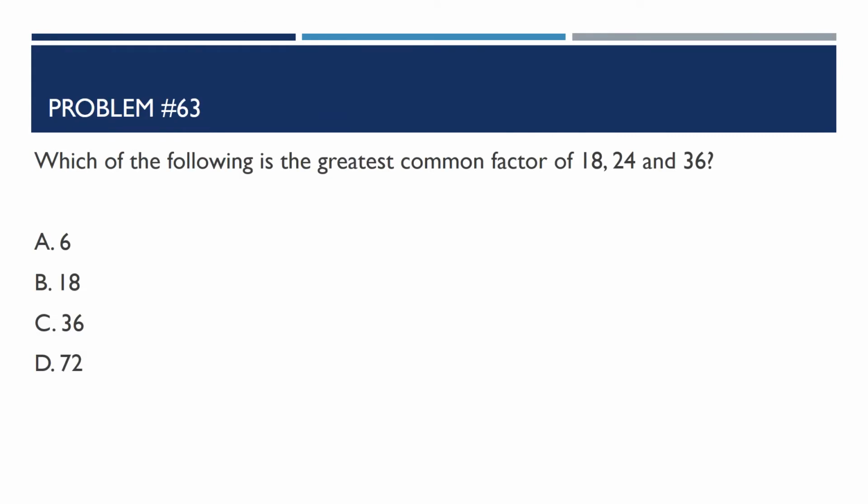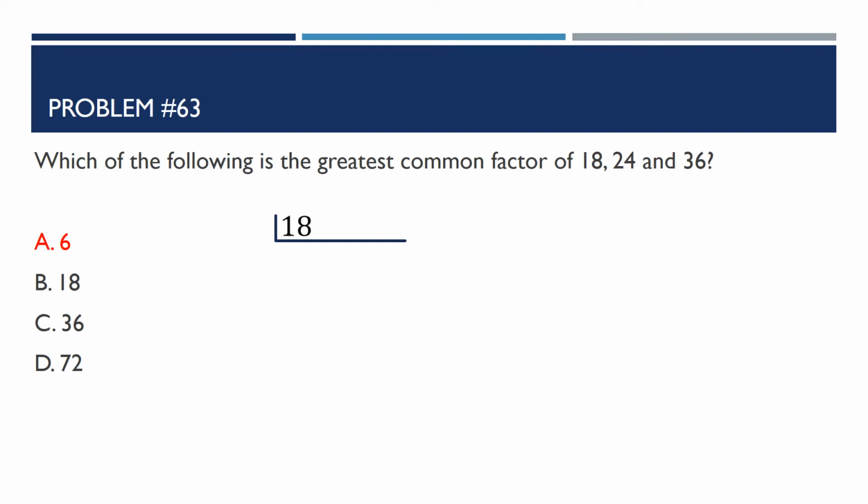Number 63. Which of the following is the greatest common factor of 18, 24, and 36? So let's find out the answer. The answer for this is 6. Let me show you how to do it. We're going to use continuous division to find the greatest common factor.